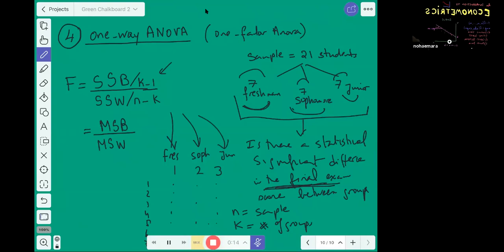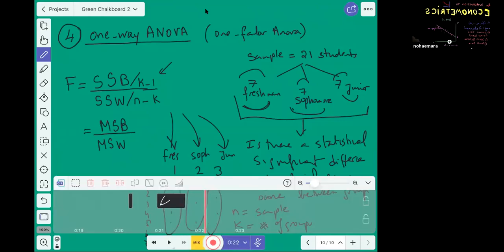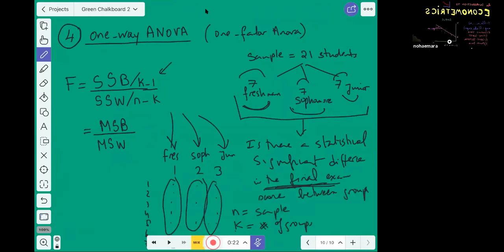So you're getting an average for this group, another average for this group, and another average for this group. This is X bar for the freshman, X bar for the sophomore, X bar for the junior. Is there a statistical significant difference between the three means?